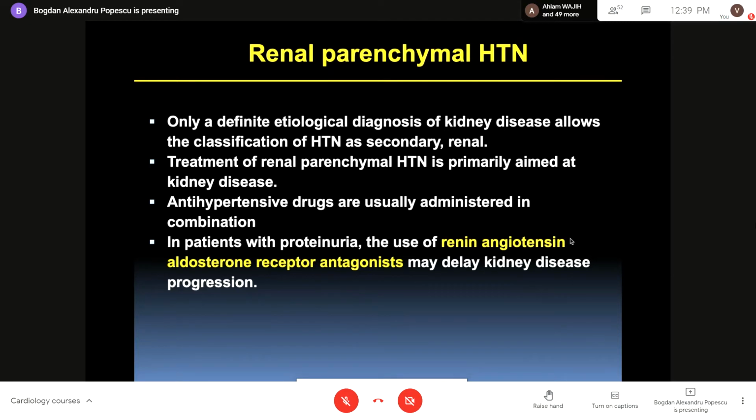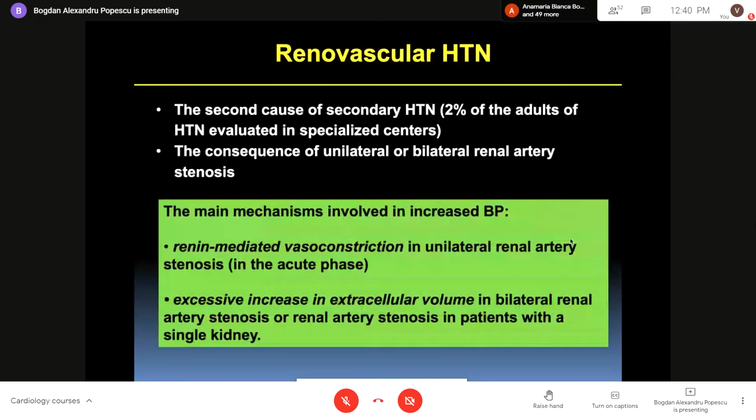If the patient has proteinuria, then it is recommended that we use renin-angiotensin-aldosterone receptor antagonists, because we know these have a protective effect upon the kidney and may delay the kidney disease progression. So these were renal parenchymal diseases.